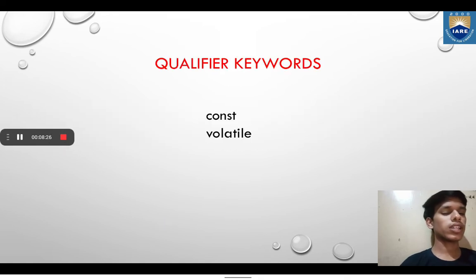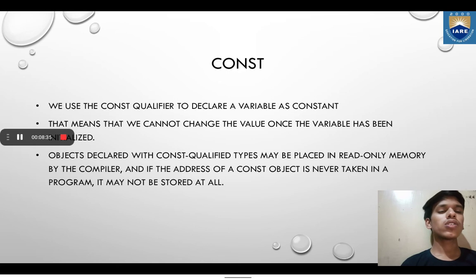Next are qualifier keywords. There are two qualifier keywords in C. They are const and volatile. We use the const qualifier to declare a variable as constant. That means we cannot change the value once the variable has been initialized.